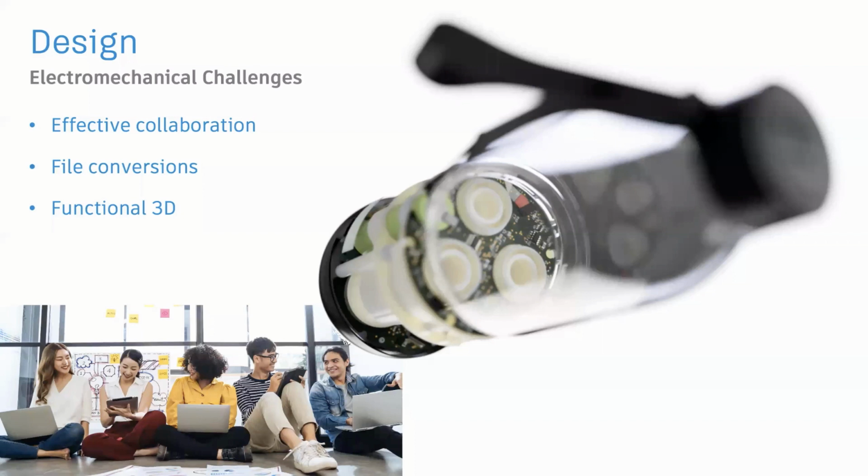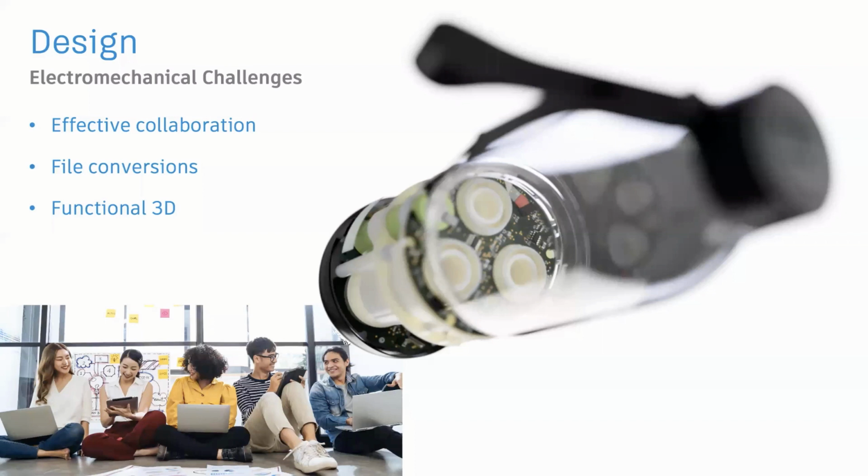Now, when it comes to the design of any product that is going to be a smart product, in other words, it's going to have some level of electronics, what exactly do you need? You need a design environment that meets both the electrical as well as the mechanical requirements.